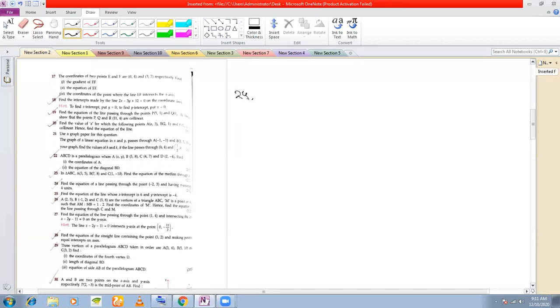Find the equation of the line. The question here is: find the equation of the line passing through the point minus 2, 3 and having x-intercept 4 units. So what is given here? X-intercept is given to you, 4 units.